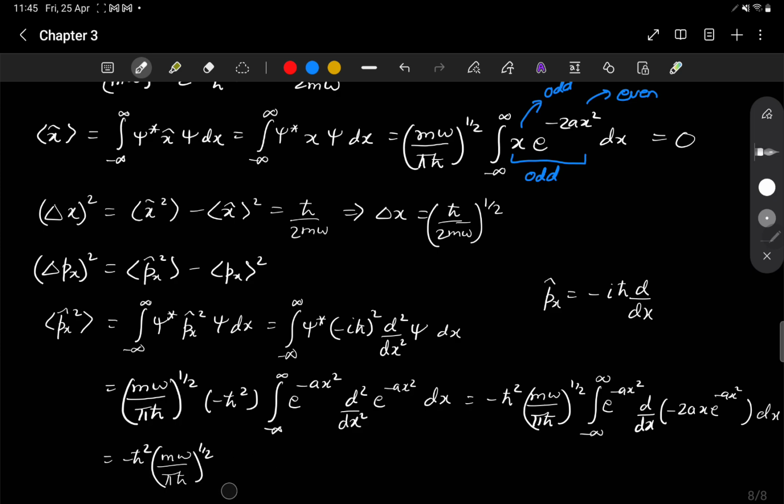Okay, let us take the constant out back again. Minus 2a. Now we made use of the product rule.